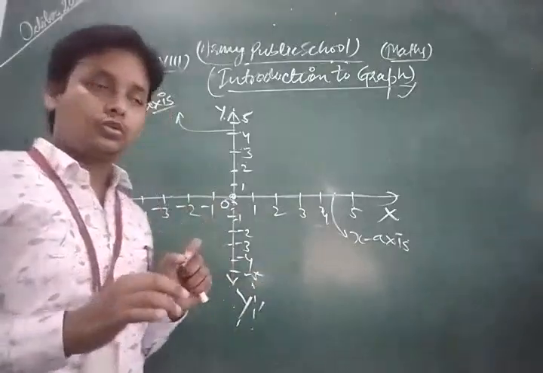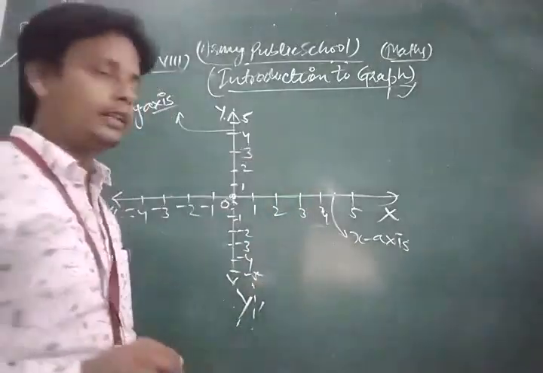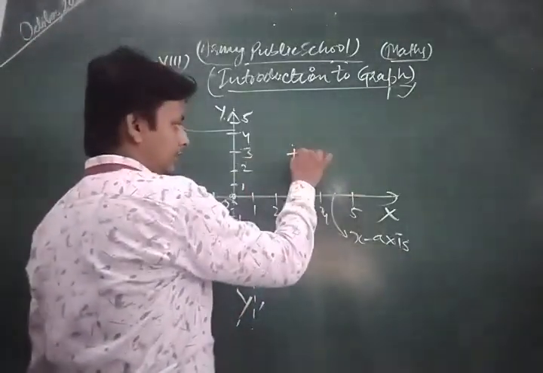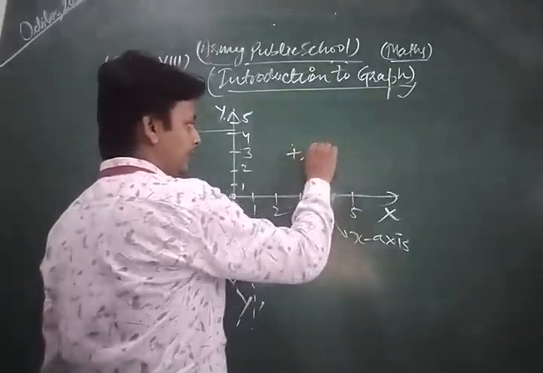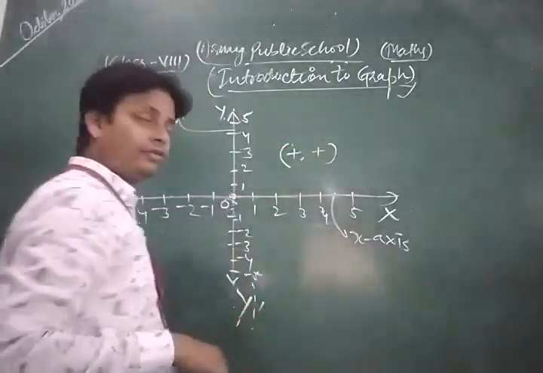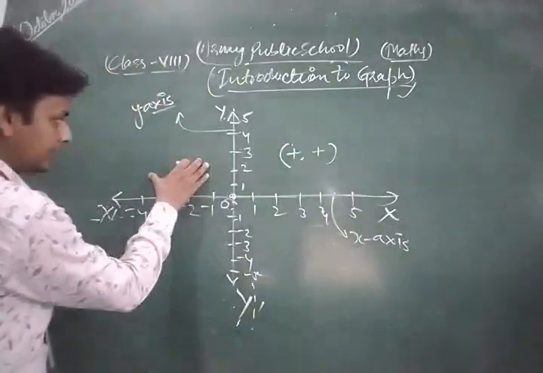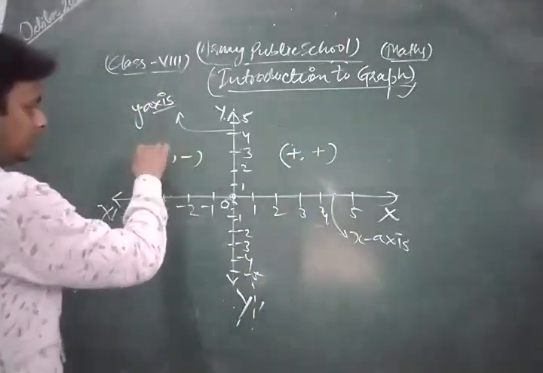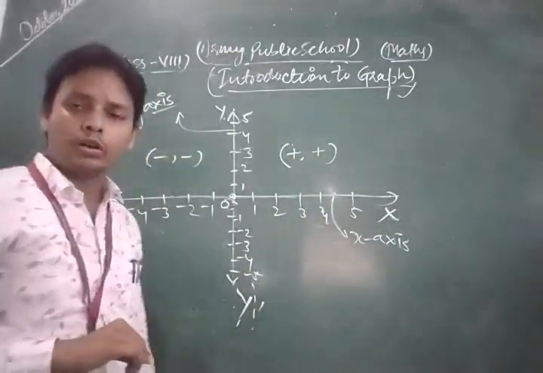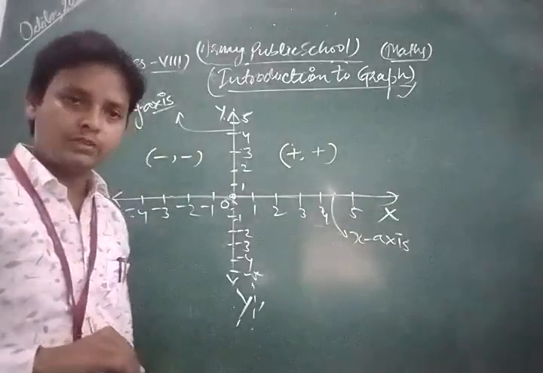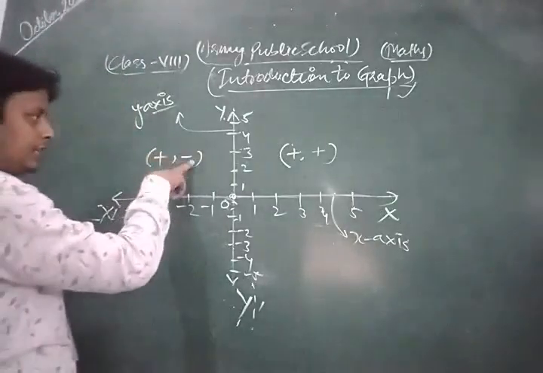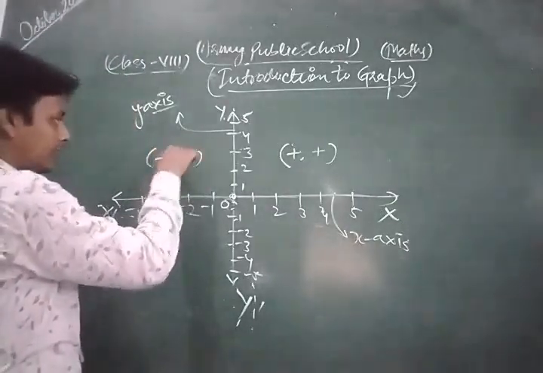So in this way, in the first quadrant, the x coordinate and y coordinate both are positive. In the second quadrant, x is negative but y is positive.